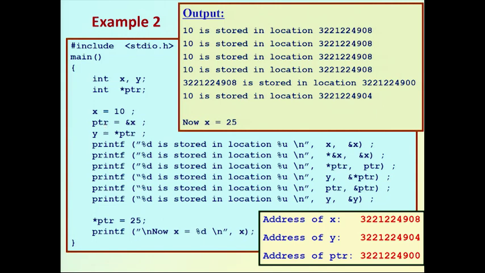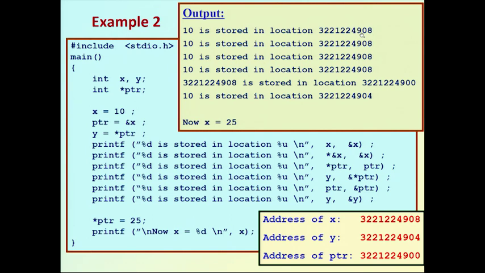Now printf, first x and &x. So what will be x and &x? x is 10, and the address of x. x is 10, stored in some location, say 322122908, the last three digits I am telling, 908.